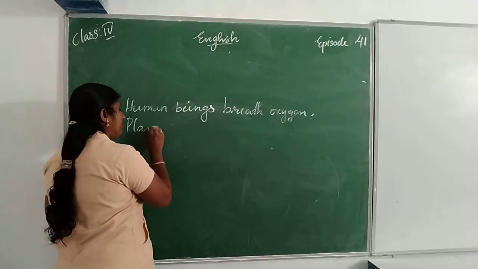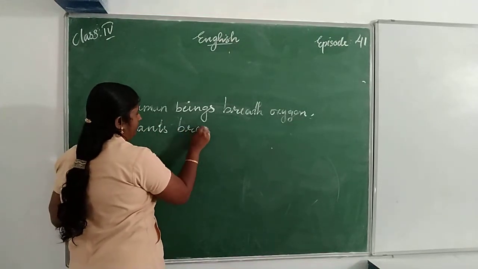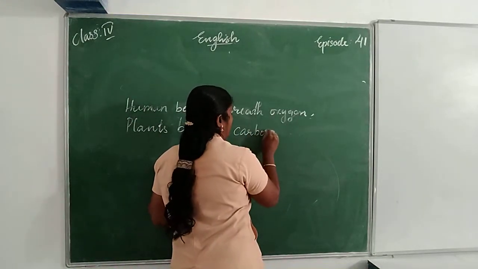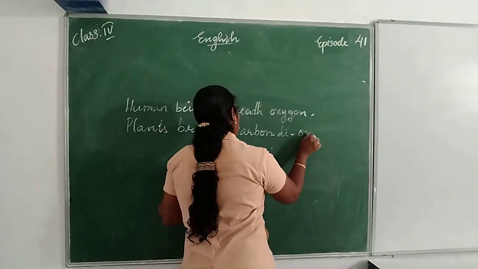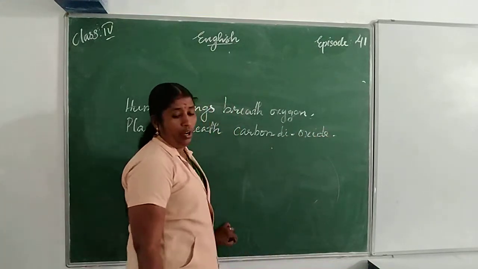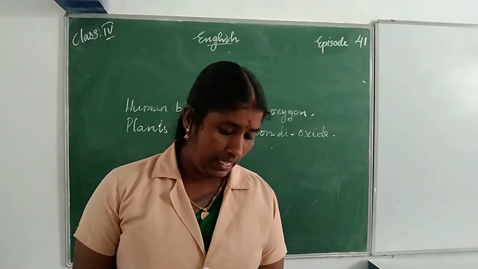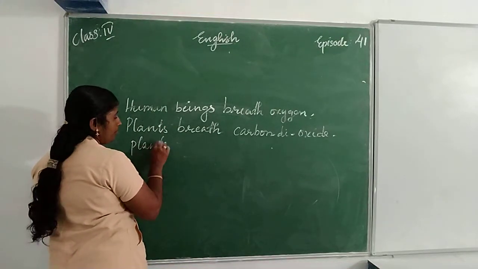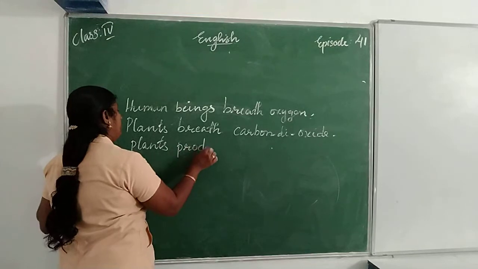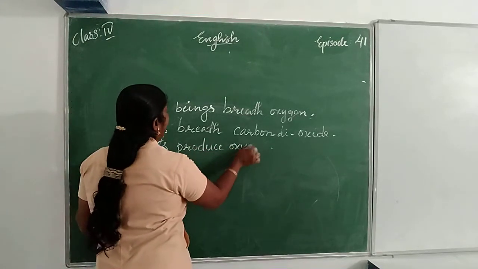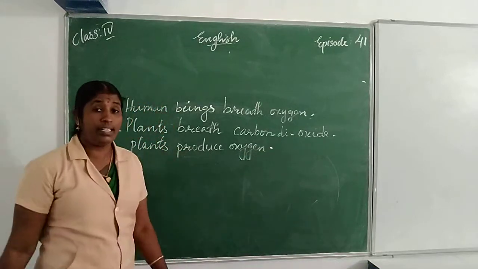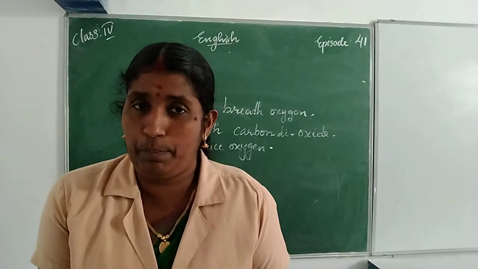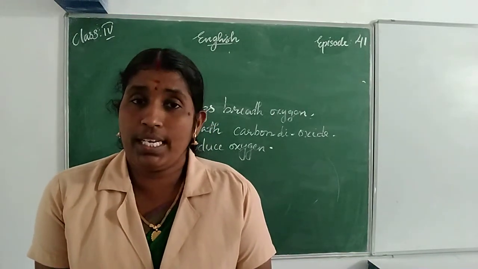Plants breathe carbon dioxide and give us oxygen. Plants produce oxygen. O-X-Y-G-E-N. Who produces oxygen for us? Plants produce oxygen for us. Who is the maker of oxygen? Plants are the producers of oxygen.